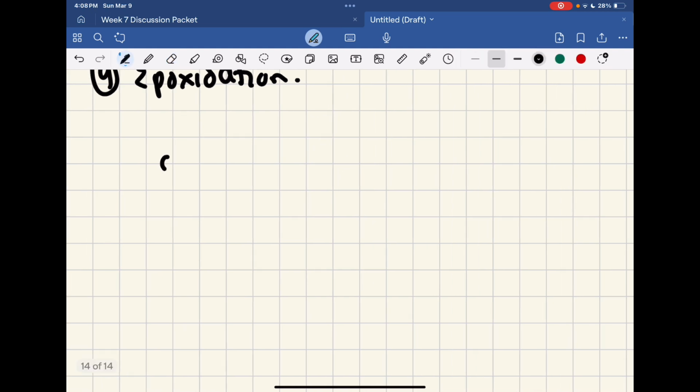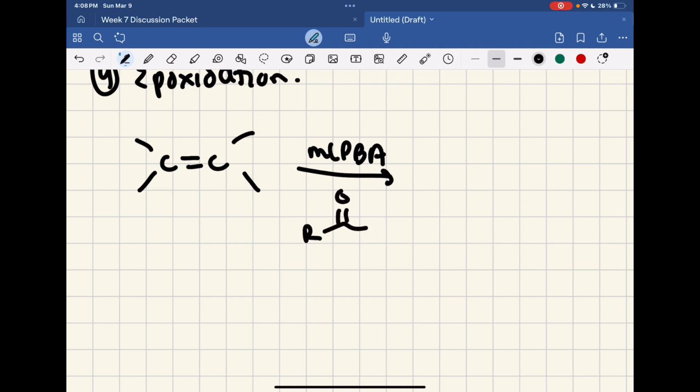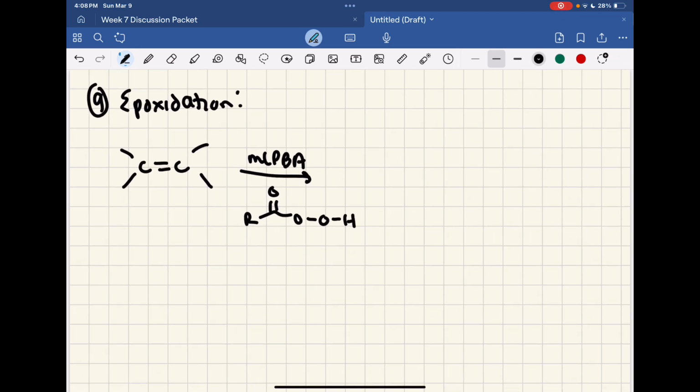So if I had a generic alkene, and I'm using MCPBA, or sometimes more specifically what we just call a peroxy acid, it looks like a carboxylic acid with another oxygen. MCPBA is more specifically metachloroperoxybenzoic acid.